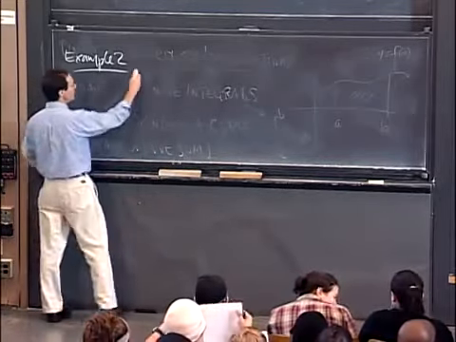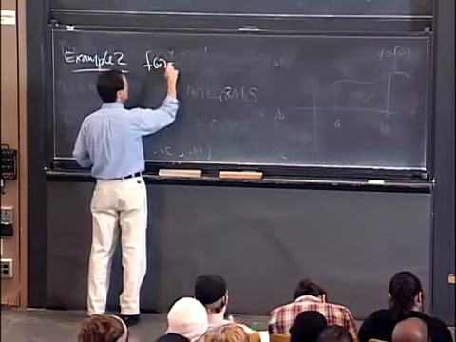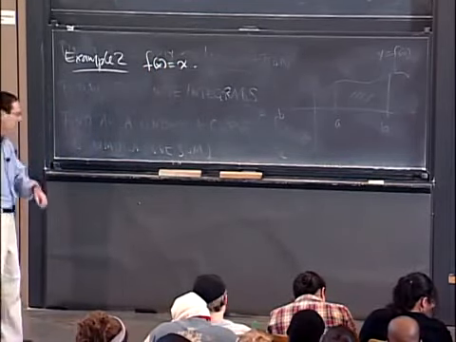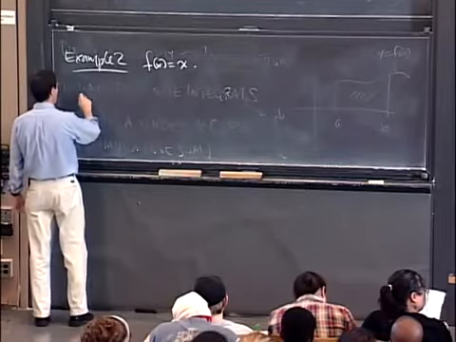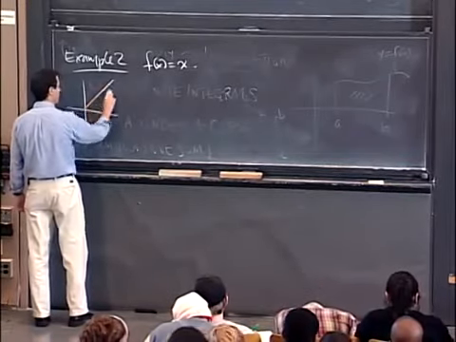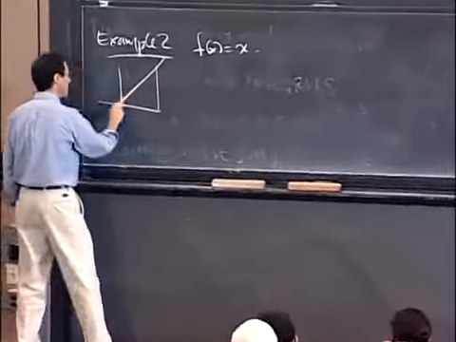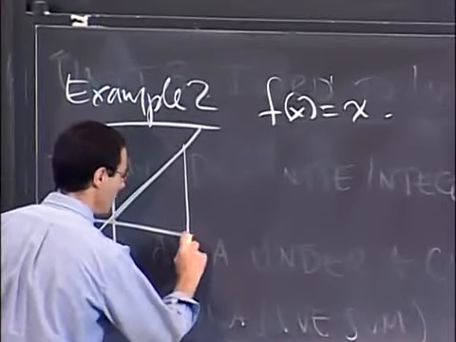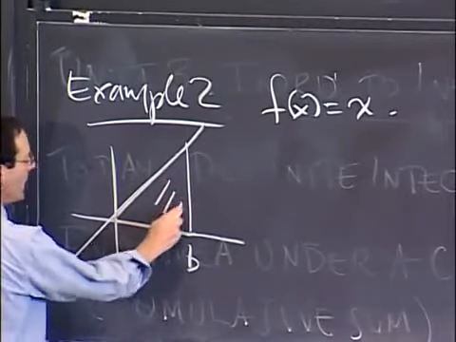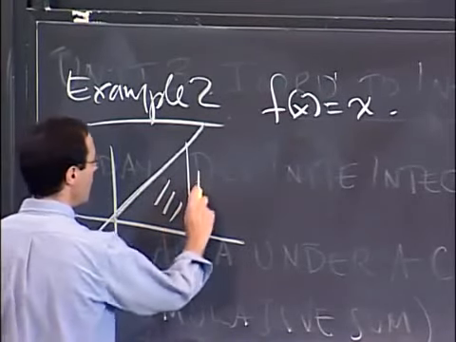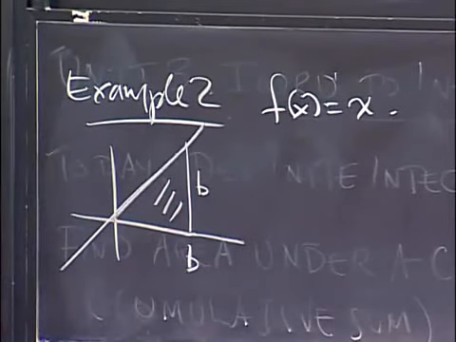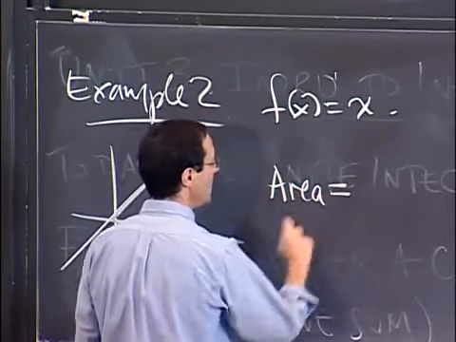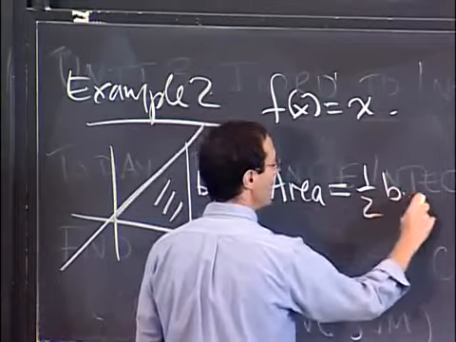So the second example is going to be the function f of x is equal to x. If I draw that, that's this function here, that's the line with slope 1, and here's b. And so this area here is the same as the area of the triangle with base b and height b. So the area is equal to 1/2 b times b.